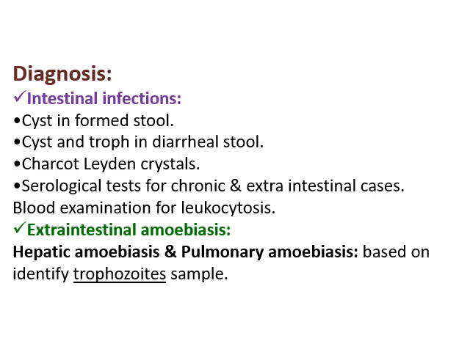This is not a specific examination. Extra-intestinal amoebiasis, hepatic and pulmonary amoebiasis, is based on identified trophozoites in the sample only. As we said before, in extra-intestinal infection we have only the trophozoite stage. We have no cyst in the tissue.